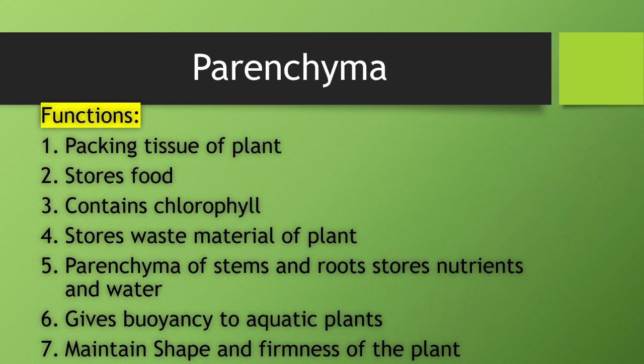Functions of parenchyma tissues. As we know, parenchyma is the packing tissue of plant. All the soft parts of the plant body are composed of parenchyma. It forms the basic organs of the plant body such as roots, stems, leaves, flowers, fruits, etc. It contains chlorophyll. It stores food material.